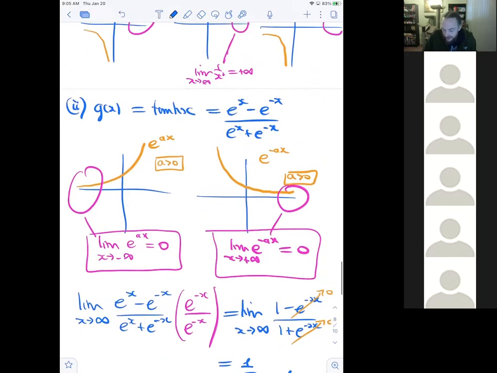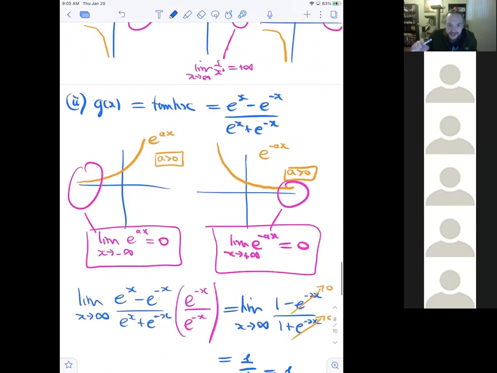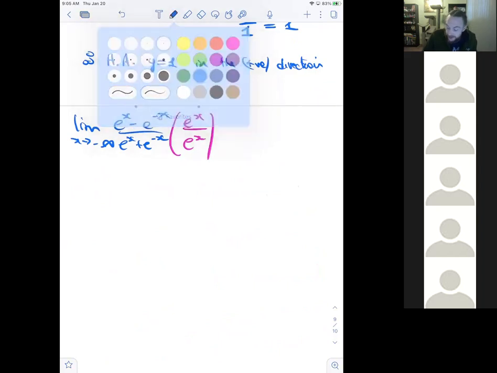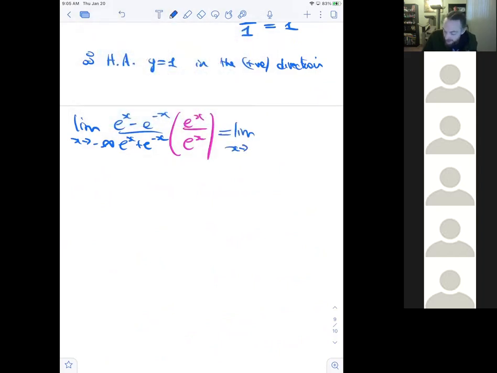Now I look at this and I say, when I go to negative infinity, I want to keep positive a in e to the ax because they're going to go to 0. So this time I want to get rid of the e to the negative x. I'm going to multiply by e to the x over e to the x, in the form of 1. Now when I distribute that through, I get the limit as x approaches negative infinity of e to the 2x minus 1 over e to the 2x plus 1.